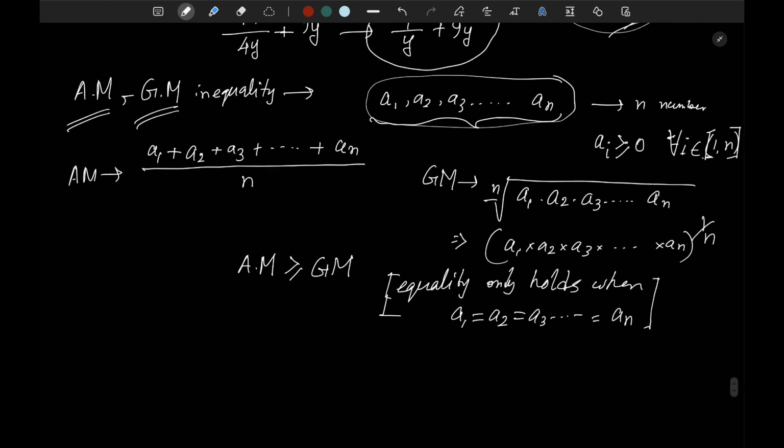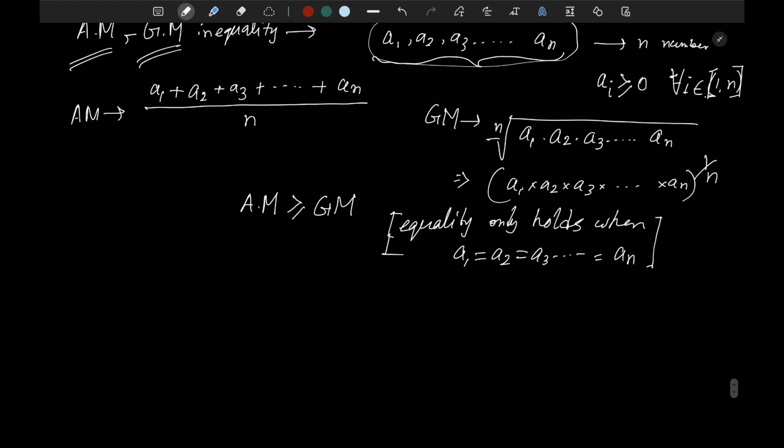Okay, you can take one example. Suppose you have 5 numbers which are all ones, right? All ones. The arithmetic mean of this will be 1 plus 1 plus 1, five ones, divided by 5, that will give you nothing but 1.